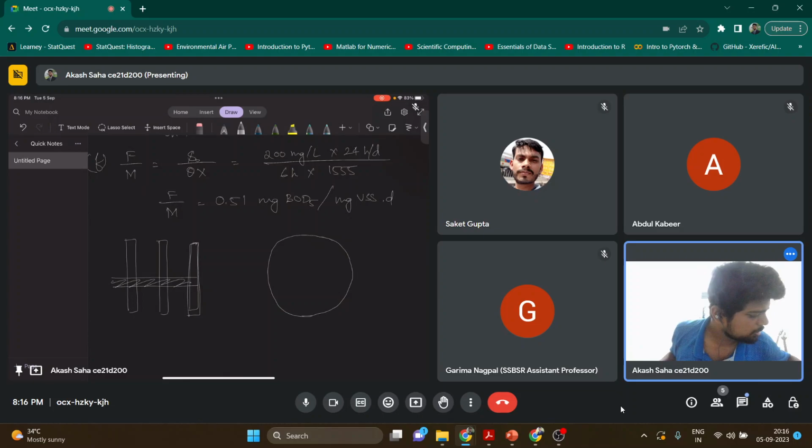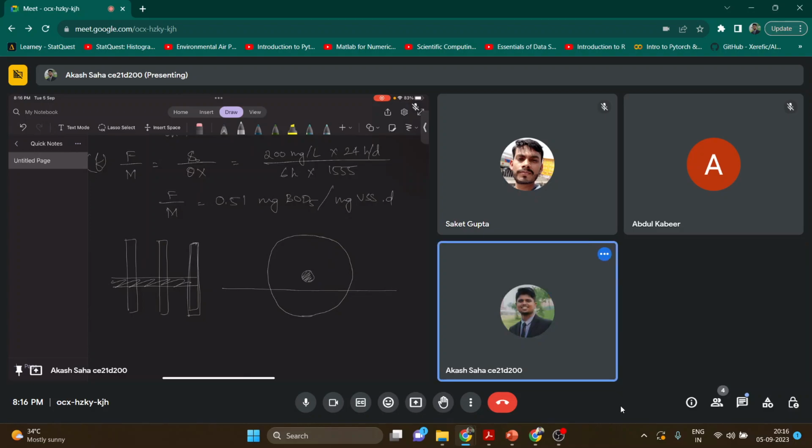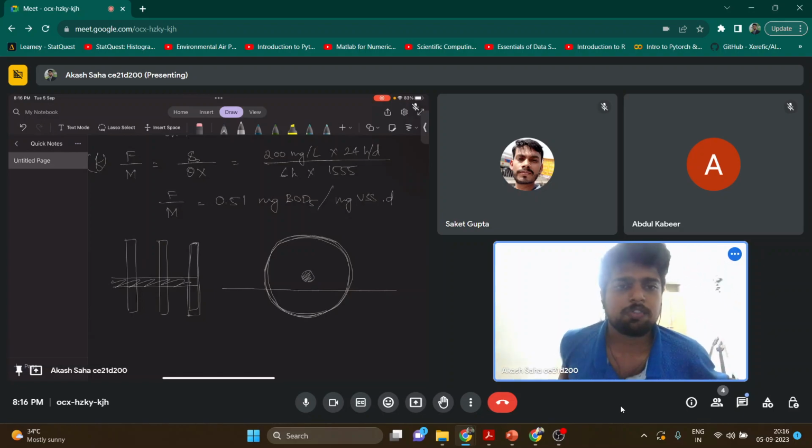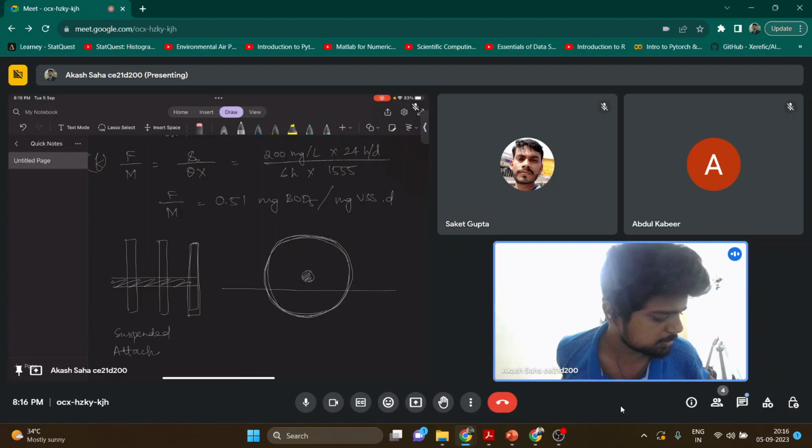Okay, this is my shaft. It will be partially submerged in wastewater. This circular plate will act as a medium of growth for the microorganisms. We know that in the case of ASP, it's a suspended growth system, but in the case of RBC, it's an attached growth system.